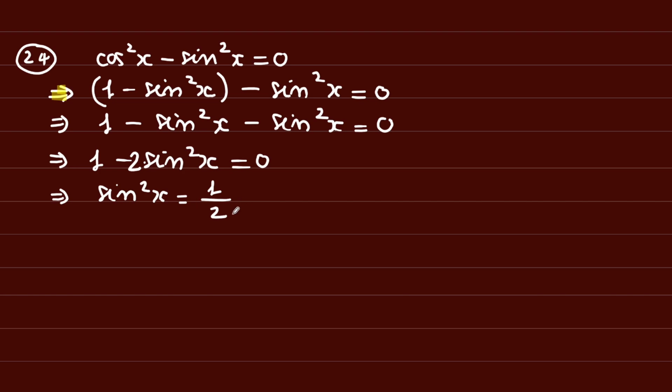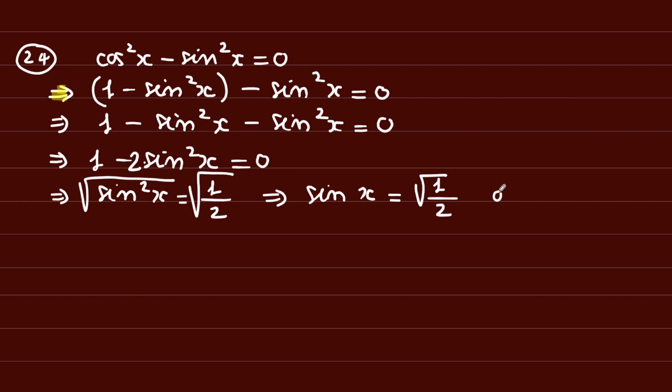Sine square h equal to 1 over 2, and I want to take square root for the left and square root for the right. You have two solutions. The first one will be sine h equal to plus square root 1 over 2. And the second one will be sine h equal to minus square root 1 over 2.